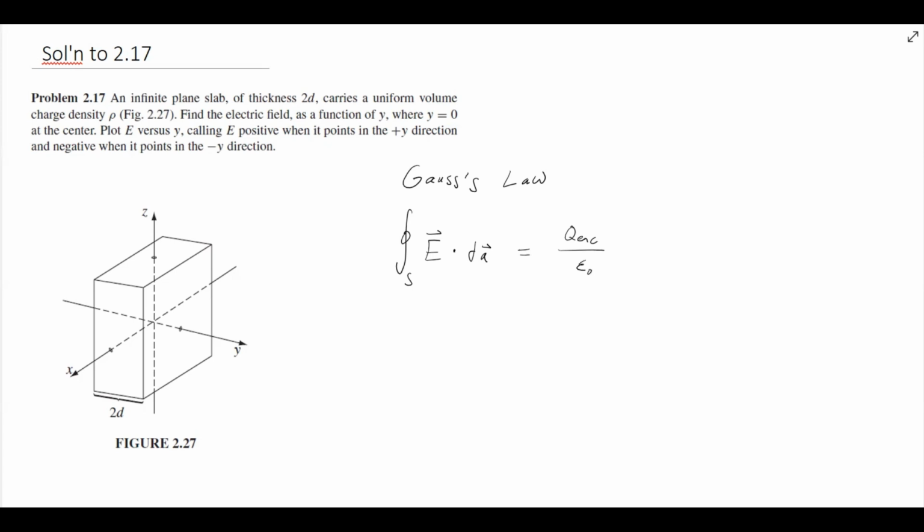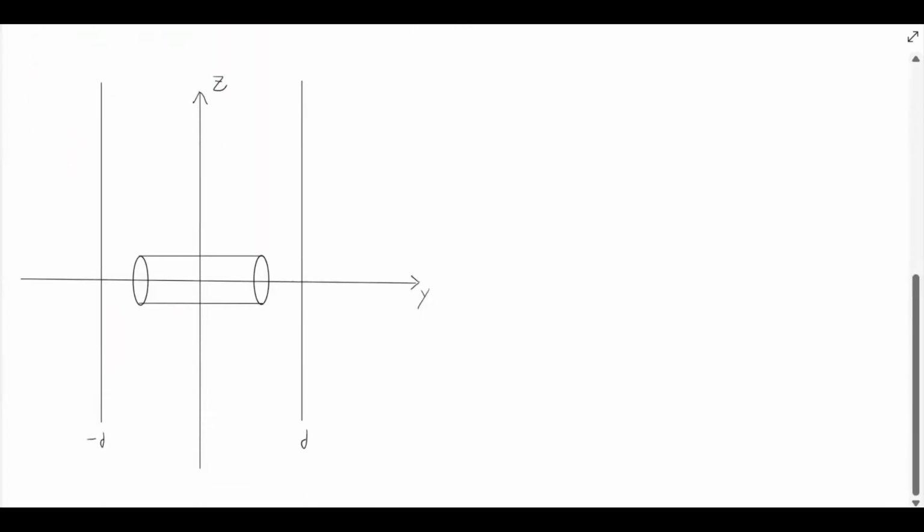To better illustrate this, we will be looking at the slab from the front view, where this red box is highlighting. And so here is the different view. Here we have the ZY plane with the X axis pointing towards us. So to note, the slab is from -d to d, which is the width of the slab, 2d.